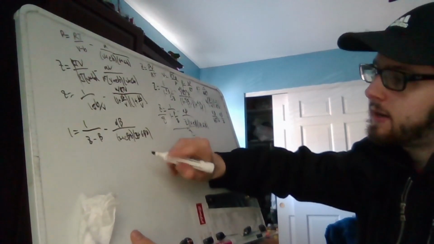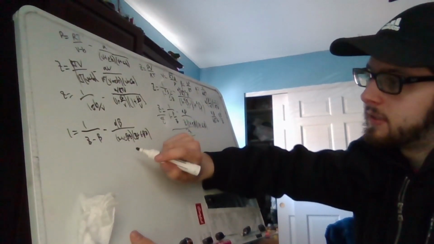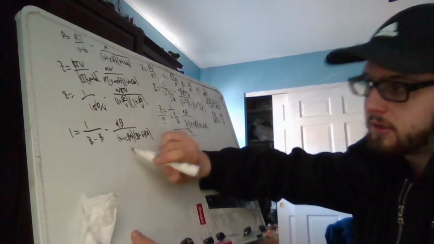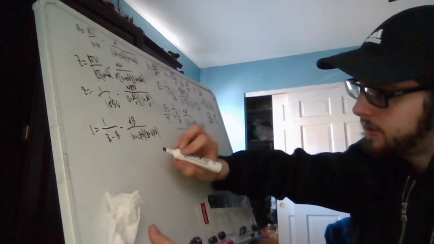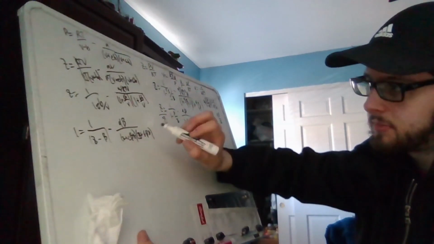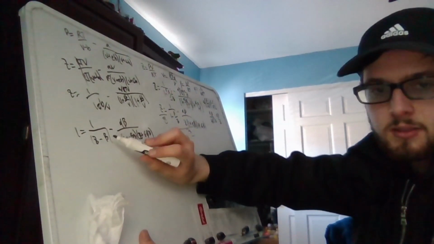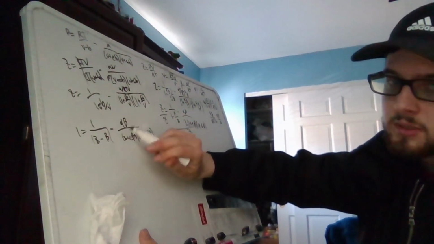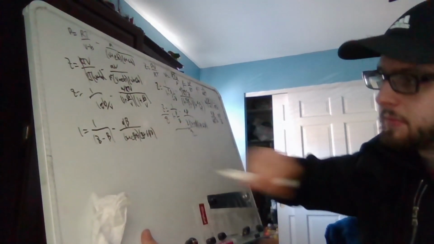And from there, what we're going to do is try and get these two to have a common denominator. And to do that, we need to multiply this top here by this. So this will be this by this, and then just cross multiply the denominators essentially.